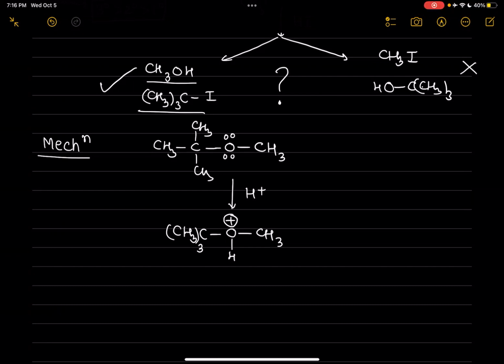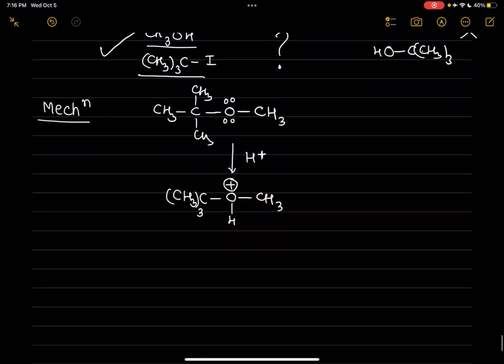It is because in acidic medium, the H plus comes in and joins at the lone pair of the oxygen, meaning the ether gets protonated. And now tell me how it is going to break.